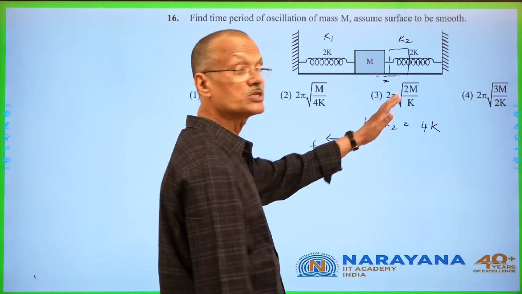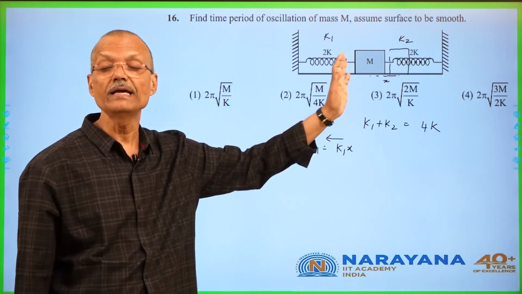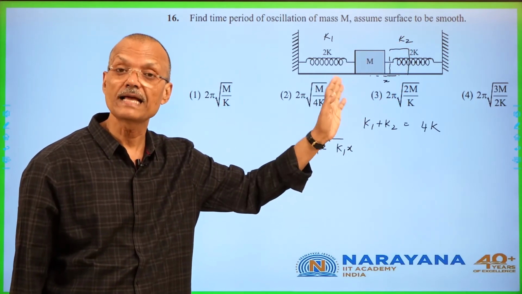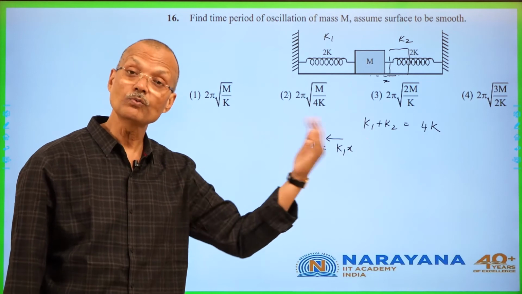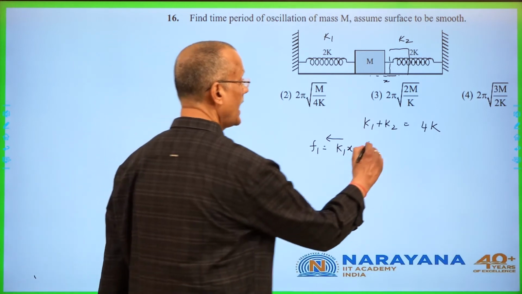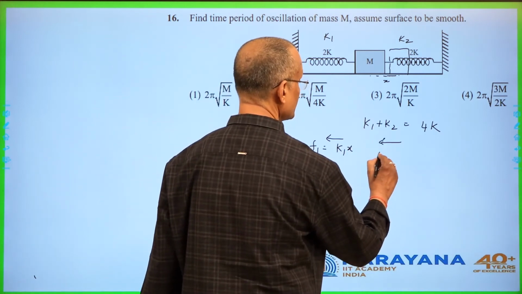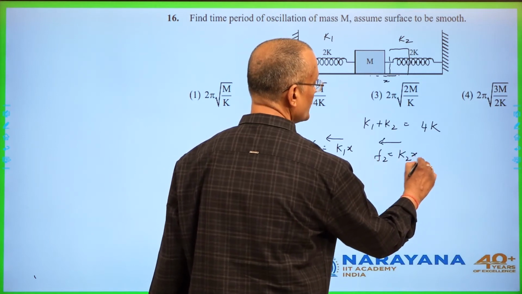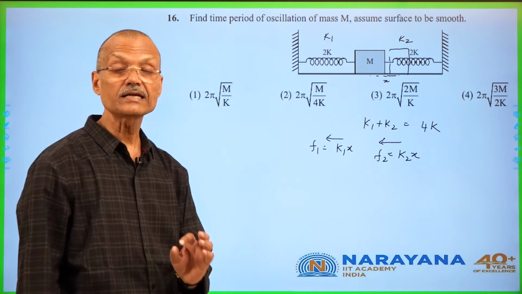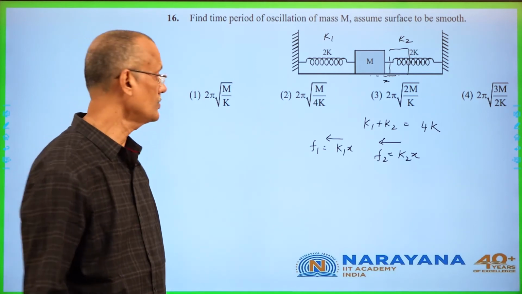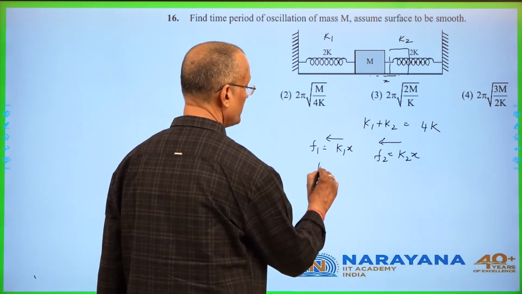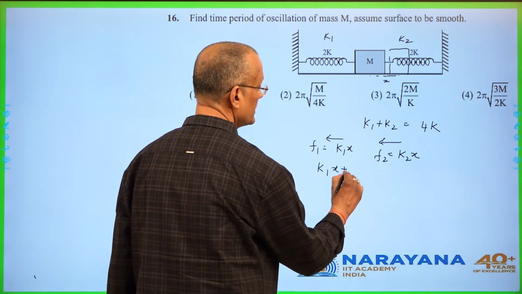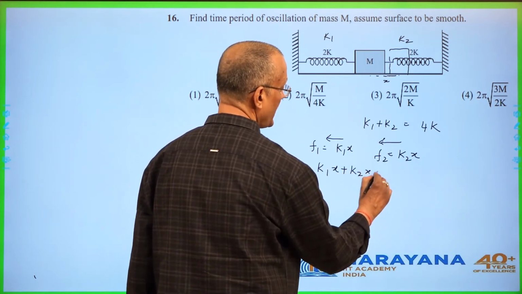And at the same time, this spring will be compressed by same distance x. Again, one restoring force will act, and that restoring force will act in the same direction. This will become K2x. Net restoring force acting on the block will become K1x plus K2x.